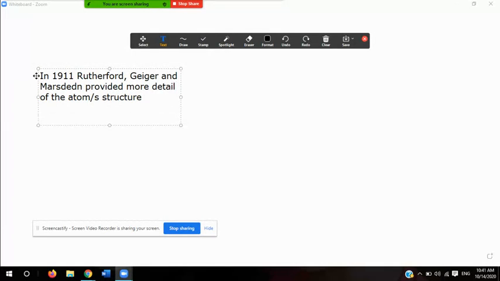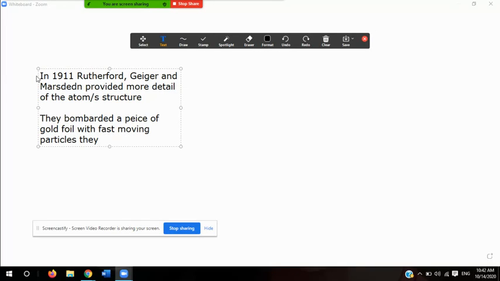So basically, what they did was they bombarded, and I'm going to type it up real quick, a piece of gold foil with fast moving particles they called alpha particles.